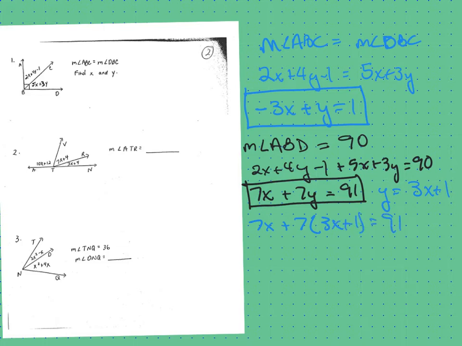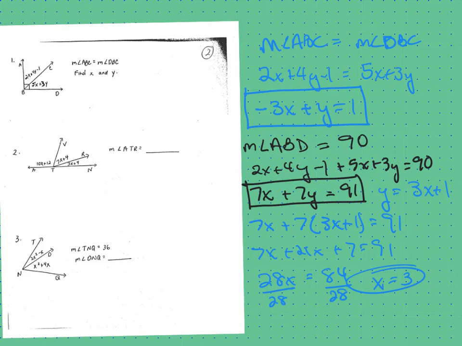Now let's simplify that and solve for x. So we have 7x plus 21x plus 7 equals 91. Then 28x equals 84. Dividing both sides by 28 tells me that x is going to equal 3.